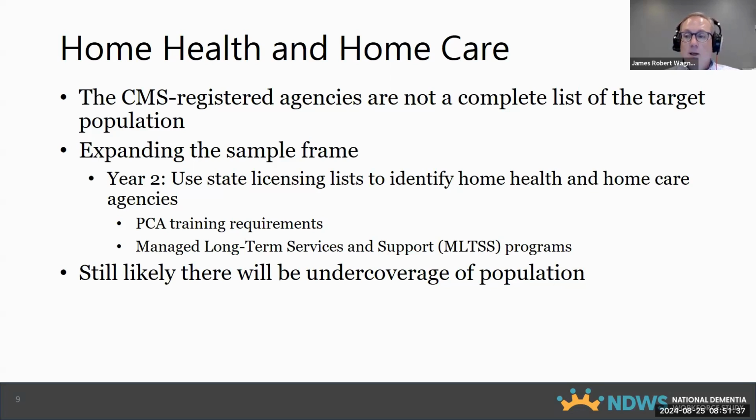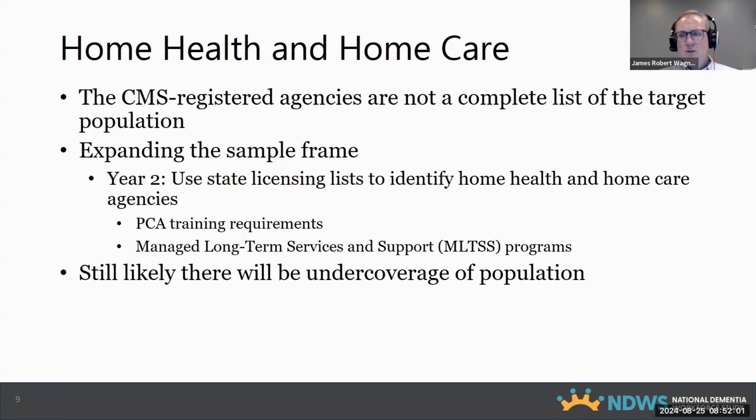So following those regulatory agencies across the states gives us a way to secure a list of home care agencies in states where they have PCA training requirements. Not all states do. Other states have managed long-term services and supports programs that we can also use to help identify lists of home care agencies that are not registered with CMS.